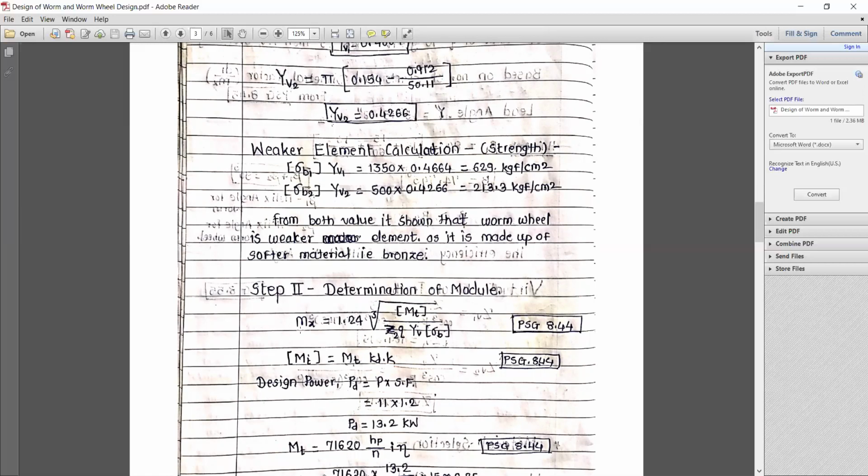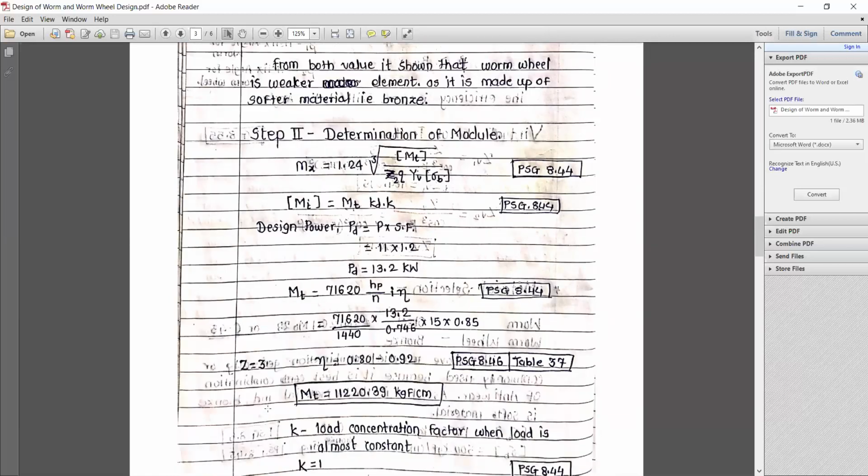Sigma B2 and YB2, what we get is 213.3 kg per centimeter square. So it indicates that the strength of the worm is more as compared to the worm wheel. So here we need to design the worm wheel first, because we are using softer material for manufacturing the worm wheel.